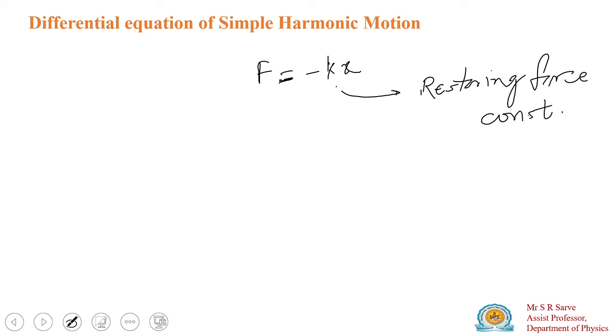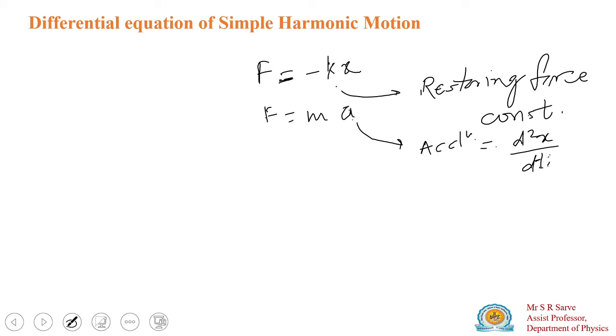Okay, and according to Newton's second law, what is force? Force is equal to mass into acceleration. A stands for your acceleration. And what is acceleration? Acceleration is given by d square x divided by dt square.